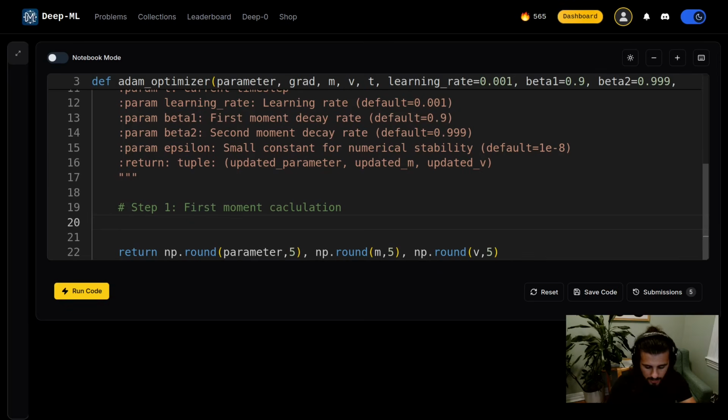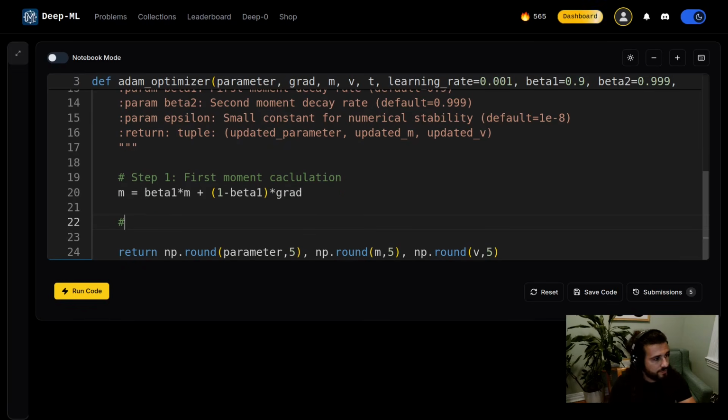We're going to call it M. We have beta 1 times the previous M plus 1 minus beta 1 times the current gradient, right? That's roughly it.